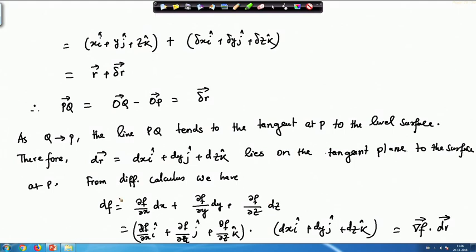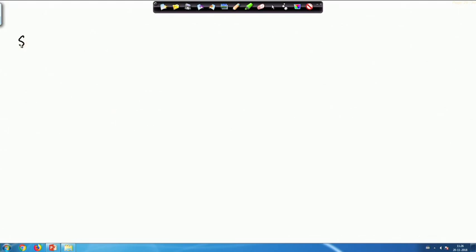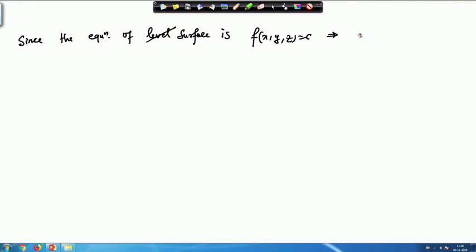And since the equation of the surface is f(x, y, z) equals c, df equals 0, because the right hand side is a constant.